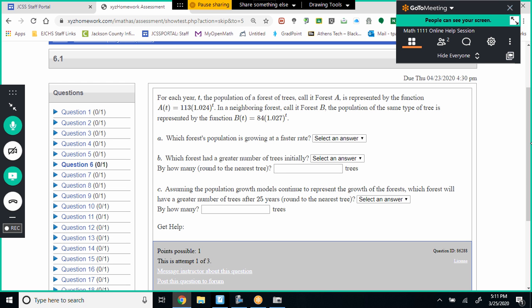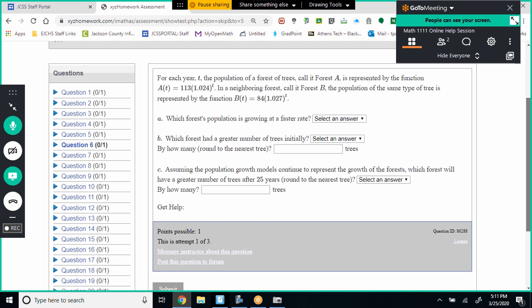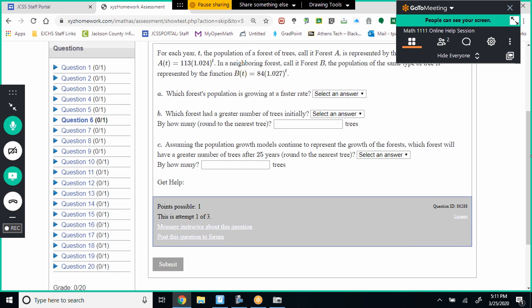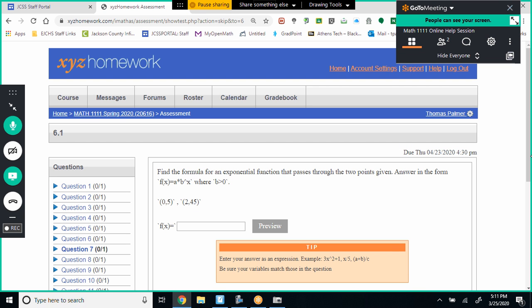What's the other one? This is a good one.